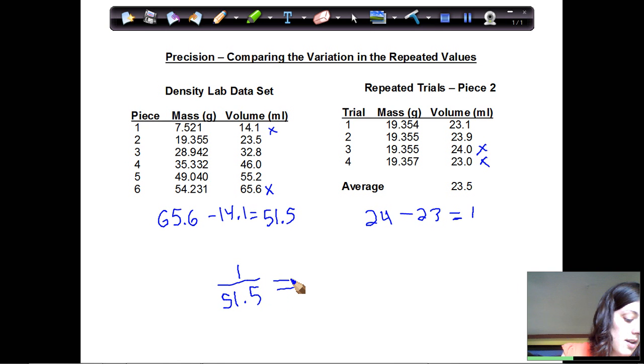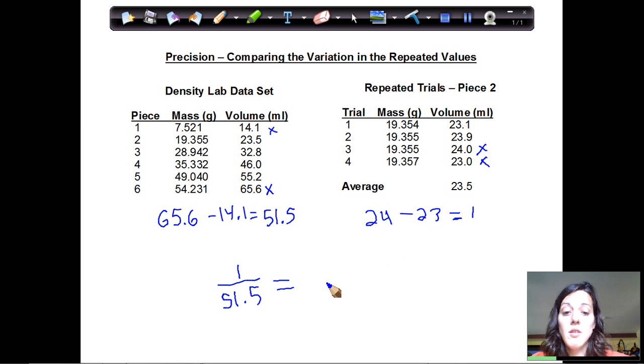When you do that out, you would get about 2%. So you could say that the variation in the measurements accounts for 2% of the total variation of the lab. And that is how you would do the analysis bits for your density lab.